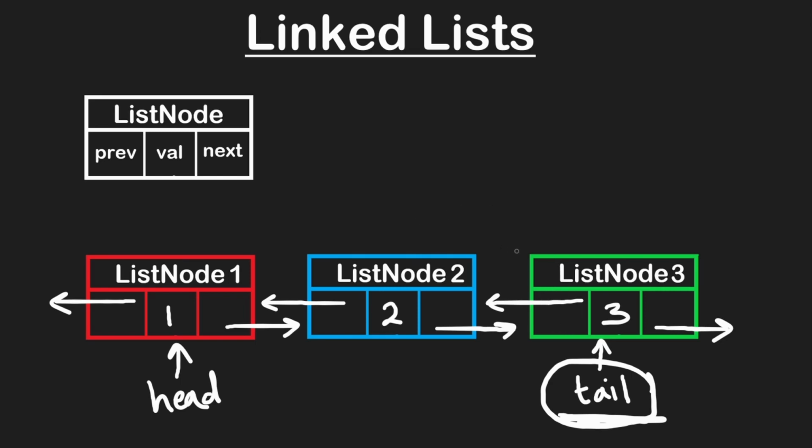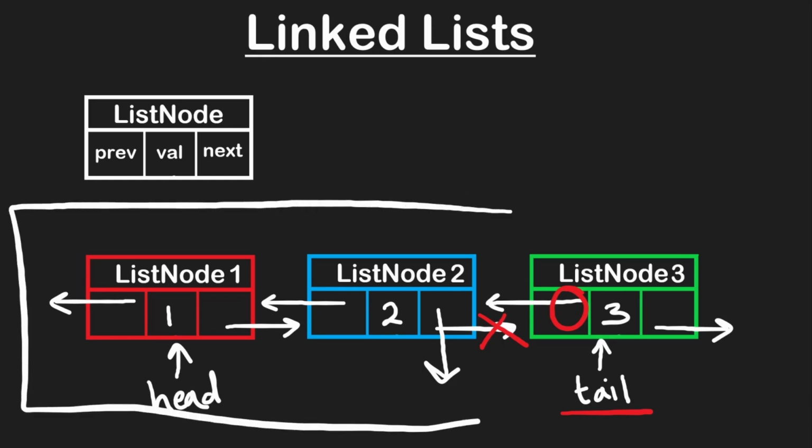This is really convenient. With a singly linked list, we would have had to start at the beginning and keep going forward until we got to the node that we wanted to be at. We would start at the tail, follow the previous pointer, and we would be at list node 2. We would take the next pointer of it, which is now pointing at list node 3, and we would instead point it at null. And it's really that simple.